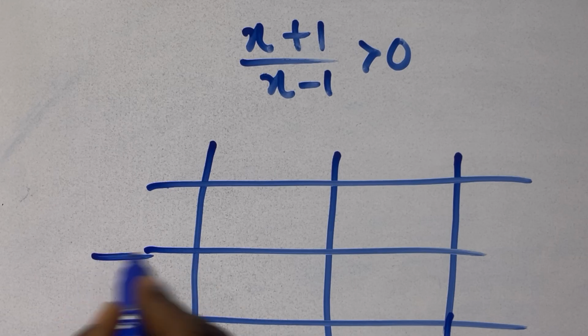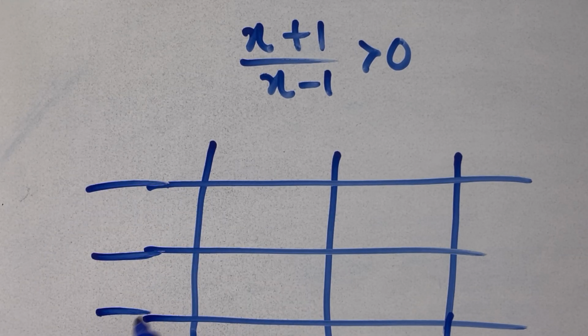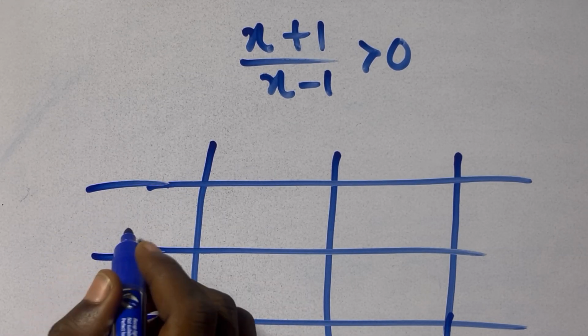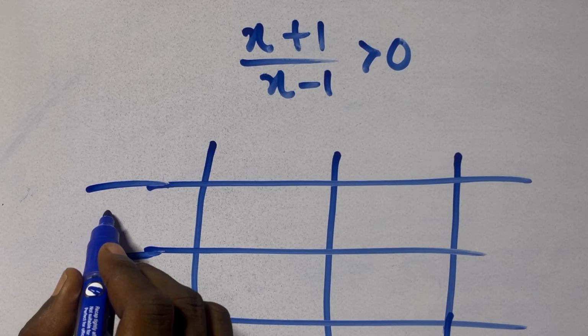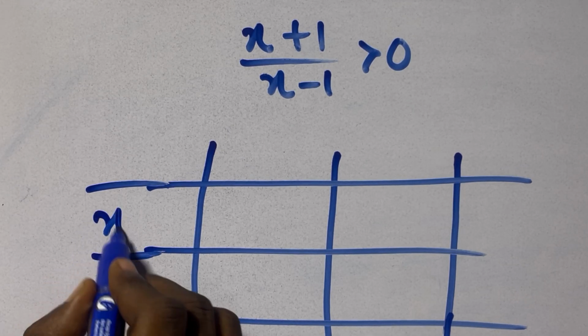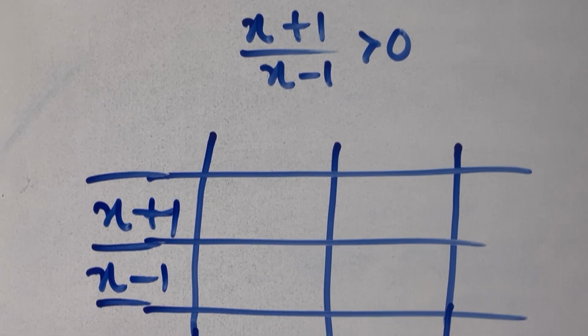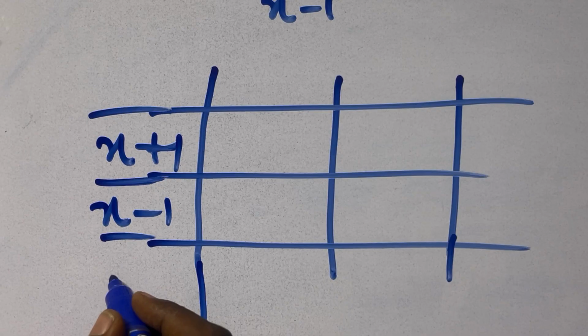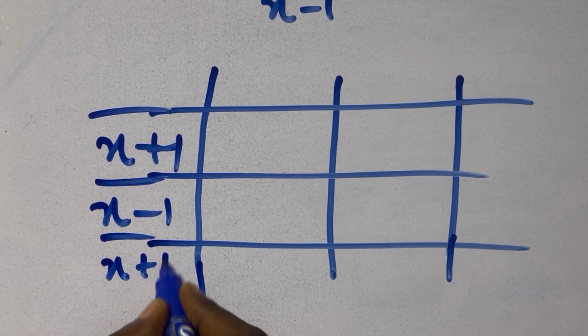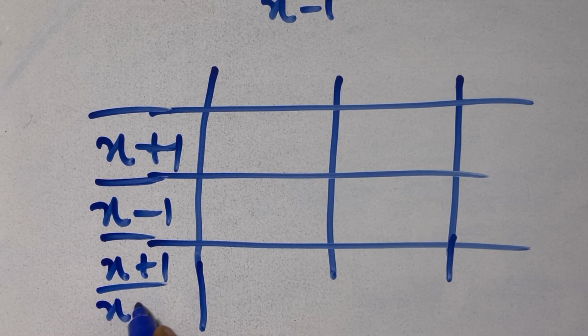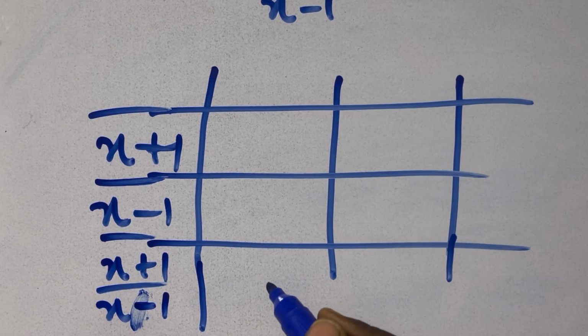We have x + 1 here, and x − 1 here. The other factor we have is this divided by this, that is (x + 1)/(x − 1).